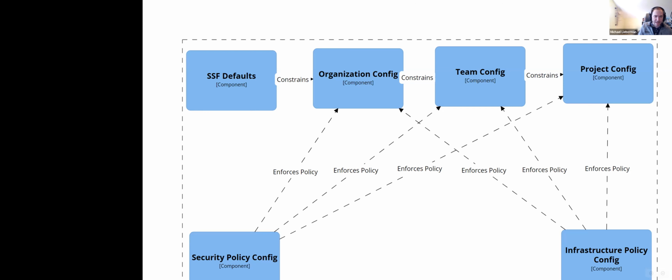Some of the stuff we're starting to build out with SSF, with Q and QLang, which Brad, who's on the call, has done a ton of work on, is that we can say, here's a set of SSF defaults. These are what SSF views as the best practices for Secure Software Factory.